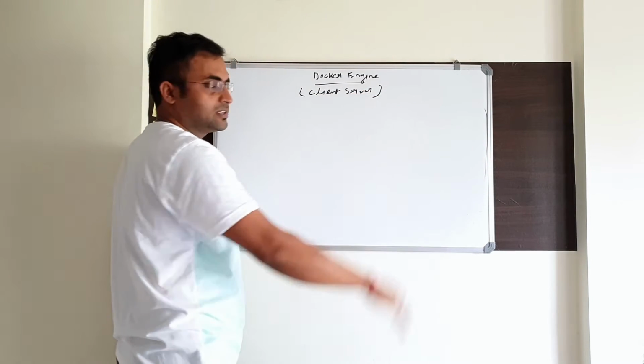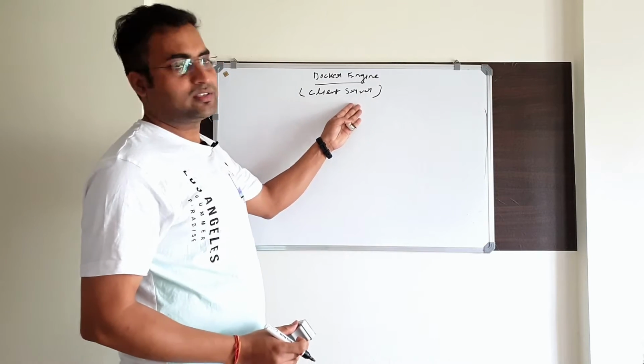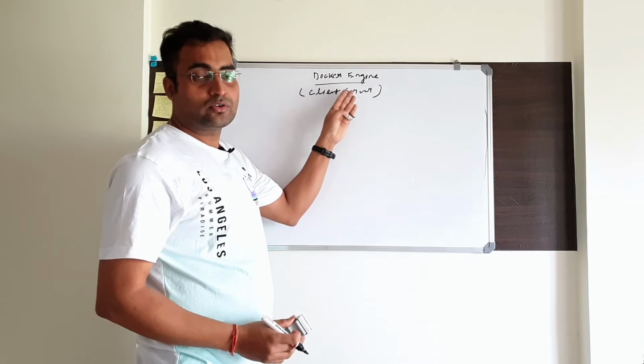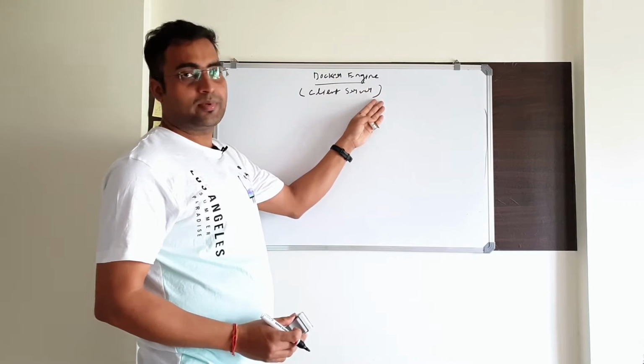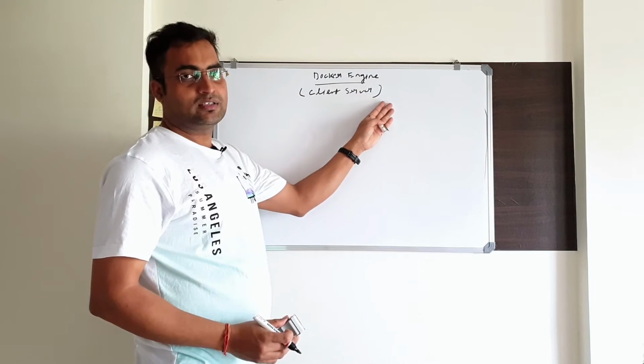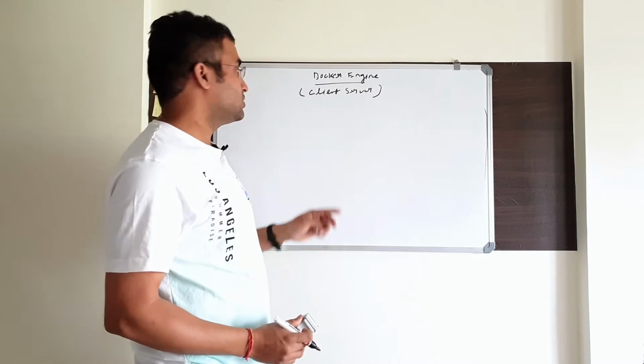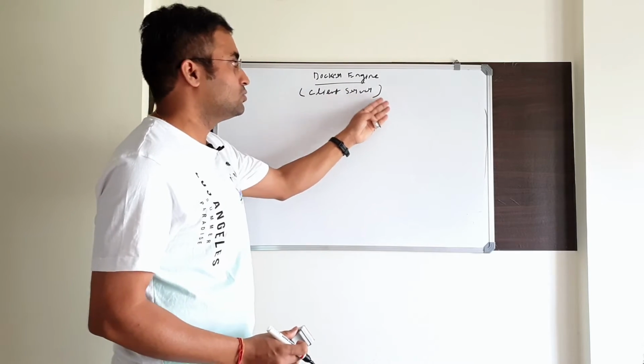Just remember, client server application. So what is a client server application? In a client server application, obviously there is a client that talks to the server to perform certain operations. All the operations done by the server are done via the client's instructions. So the client instructs the server to do certain operations.